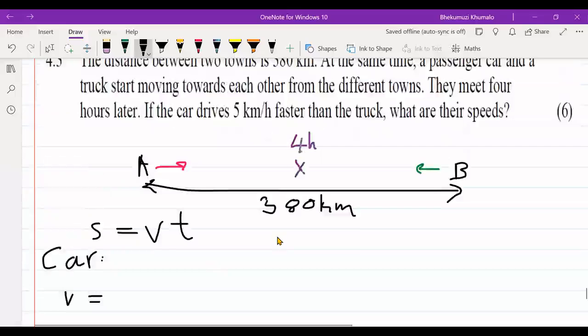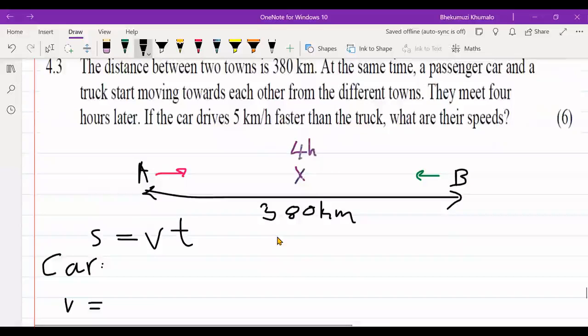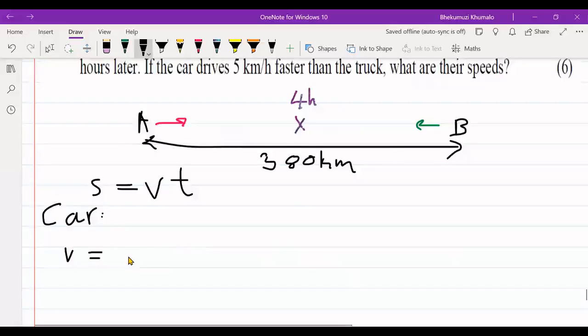They said if the car drives 5 kilometers faster, so who's moving faster? The car is moving 5 kilometers faster than the truck. So the truck, let's say x is the speed of the truck, plus 5, right? So plus 5, we reconstructed the first part of the equation.